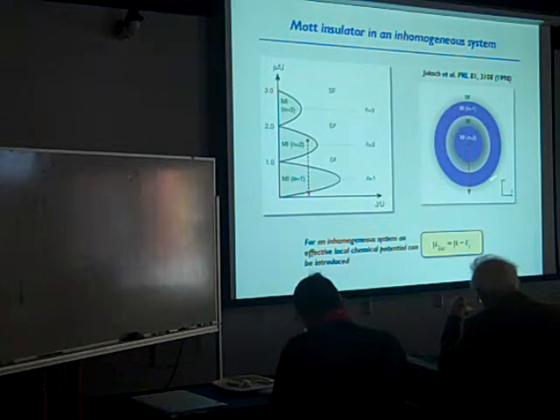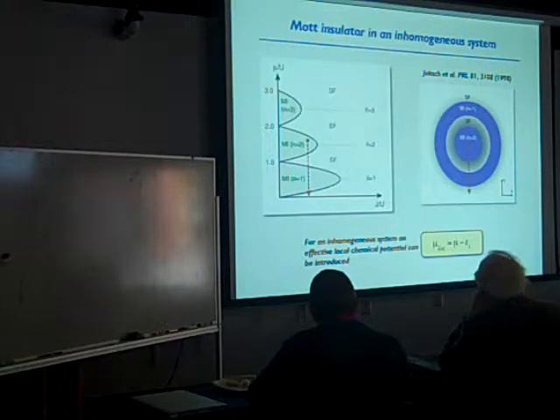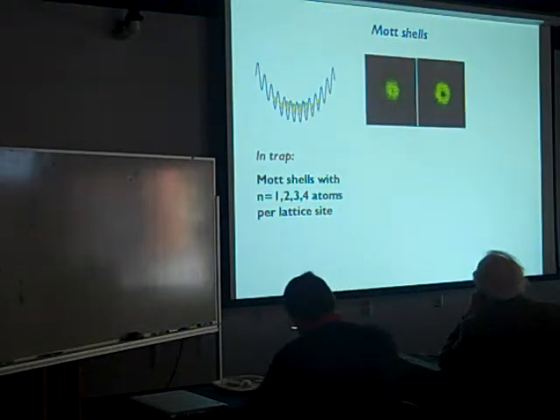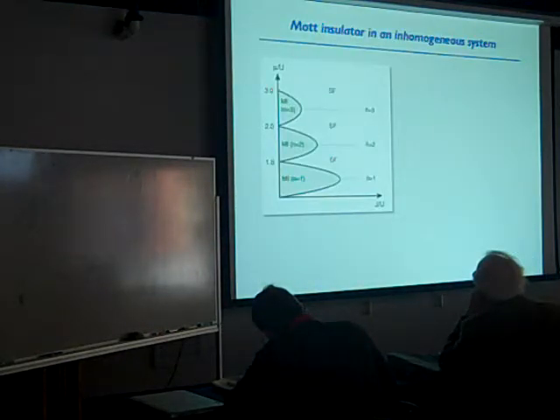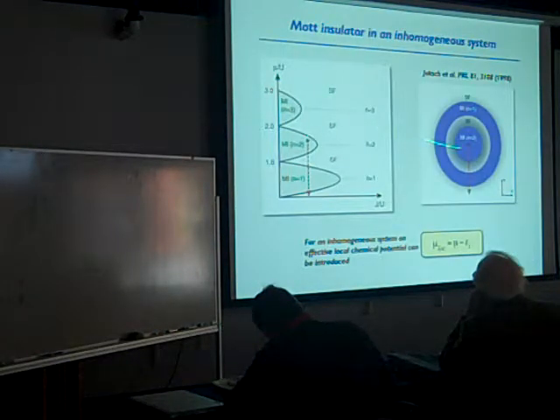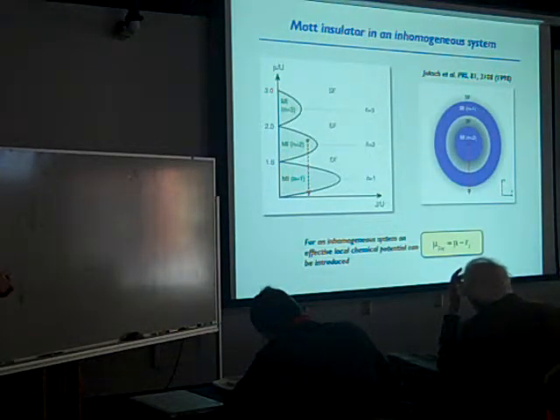And in our system, in the trap, we actually simultaneously have areas with different fillings. So we actually get a shell structure, because this chemical potential corresponds to a situation where in the middle of the trap we have the highest chemical potential.